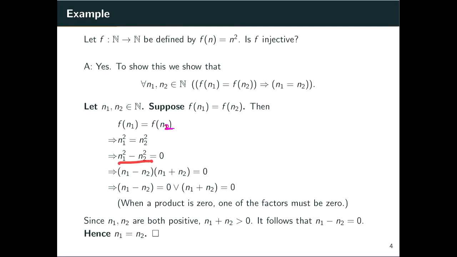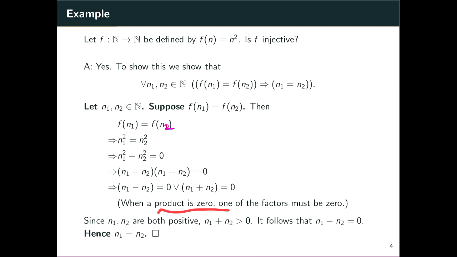So rearrange, factorize the difference of two squares. Since (n1 minus n2) times (n1 plus n2) is equal to 0, that means either n1 minus n2 is equal to 0 or n1 plus n2 is equal to 0.